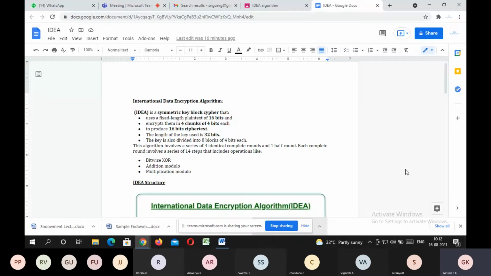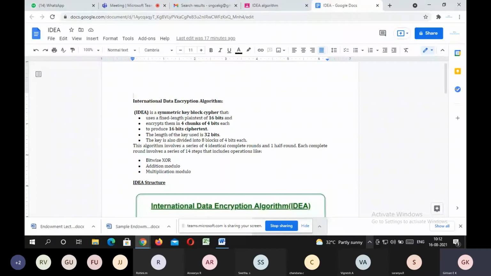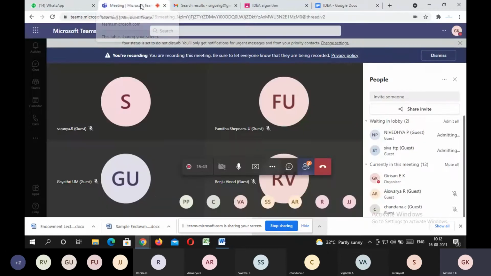Number two is addition modulo. What is the meaning of that? In a normal addition, we can add any two numbers, and we need not bother about the length of the numbers to be added. But here, addition modulo means the numbers to be added must be of the same length. 4 bits means 4 bits, like that.